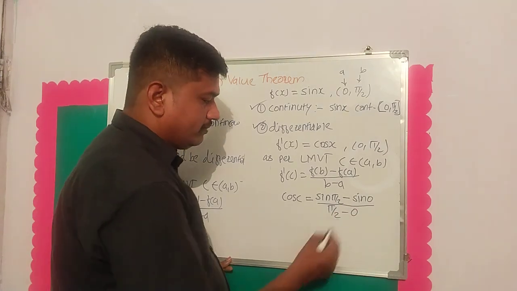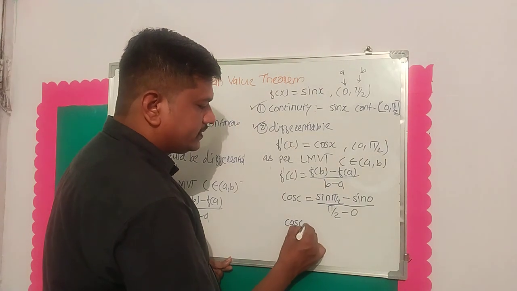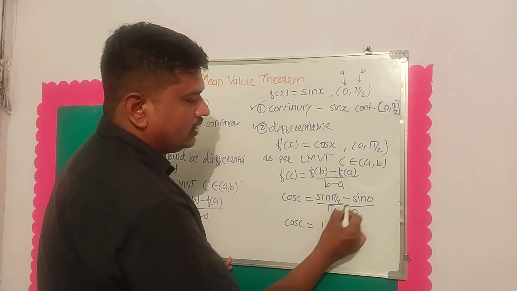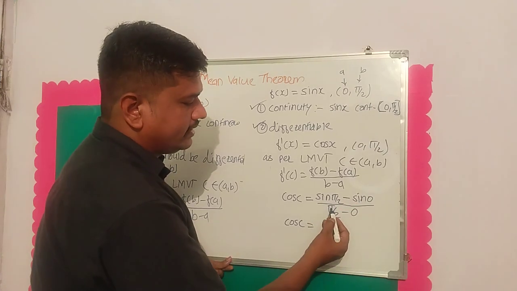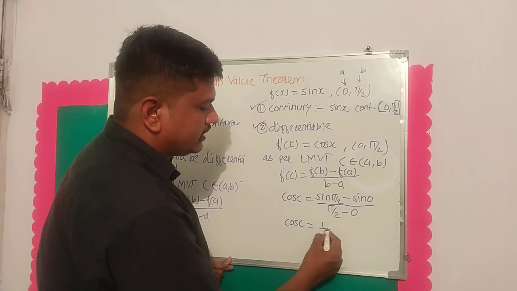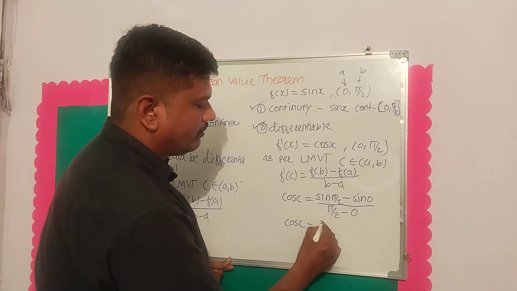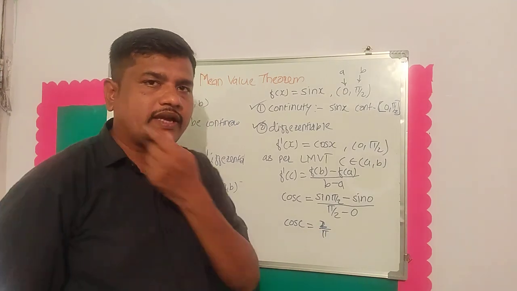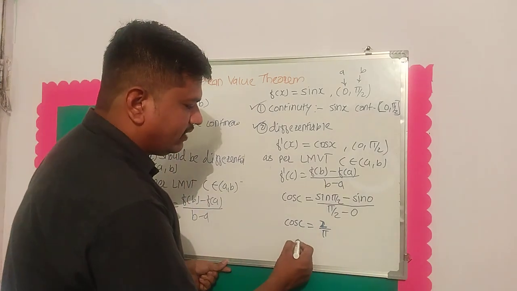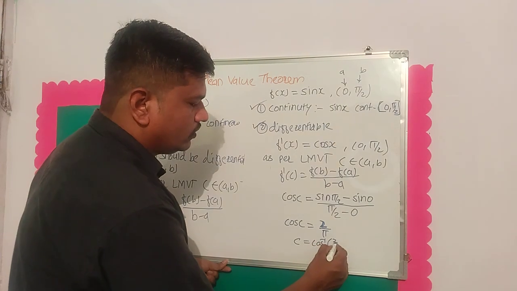If I simplify, I will get cos of C is equal to sine pi by 2, which is 1, minus sine 0, which is 0, upon pi by 2 minus 0, which is pi by 2. So this is divided by pi by 2, or we can say it is 2 upon pi. So for this we can find C, which is equal to cos inverse of 2 upon pi.